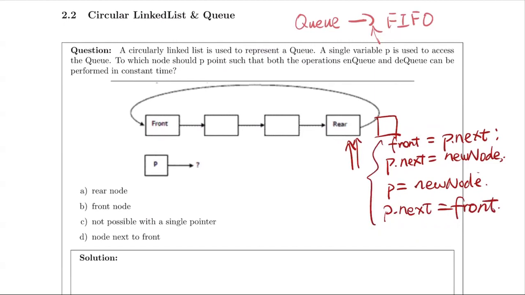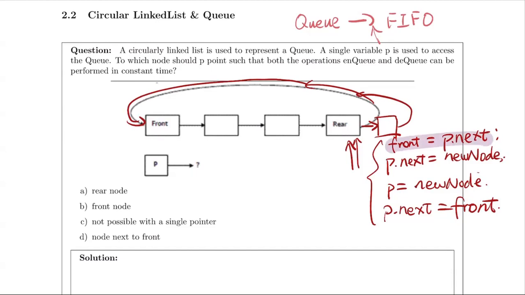So in those 4 lines, we are trying to enqueue another item into the circular linked list. First of all, I changed this rear pointer to here, and then I move the pointer to here to move it back to the front. So that's the 2 pointers I changed. In order to do that, you might need to save a temporary variable of front because you might lose the front.